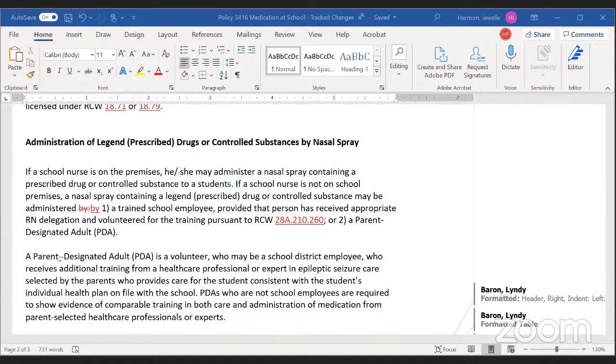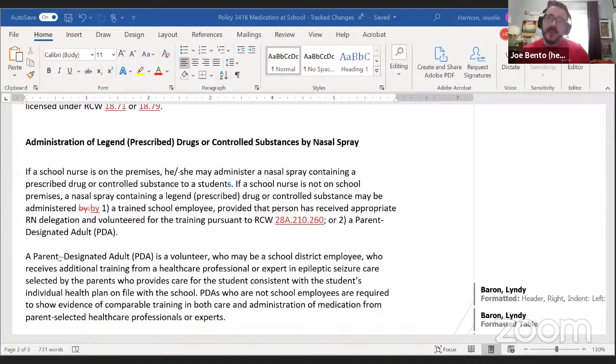For instance, poking a child's finger to check their blood sugar, injecting insulin, rectal Diastat, which is another seizure medication, and those cannot be delegated. So there are times when in those instances we do have full nurse coverage in a building. Perfect. Thank you so much.